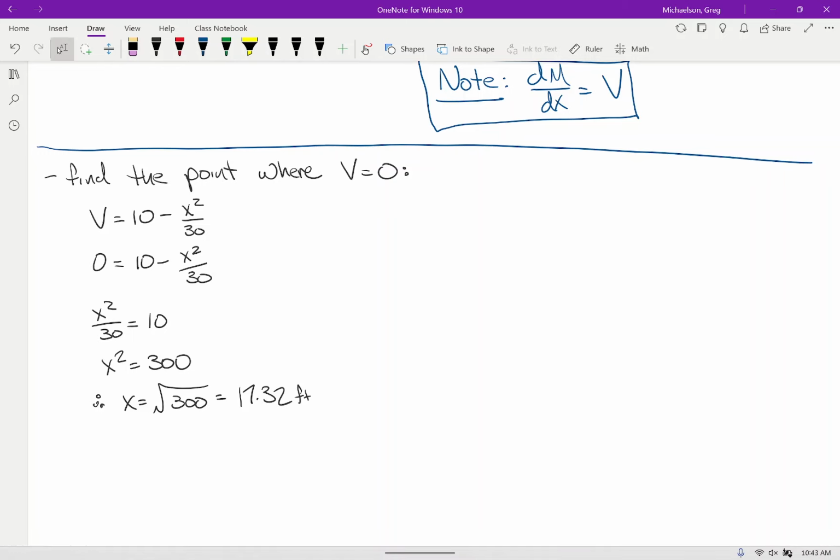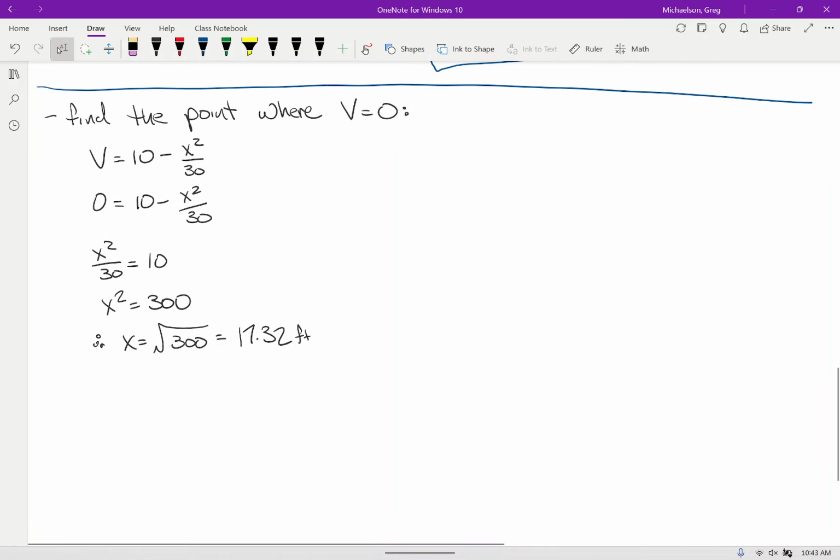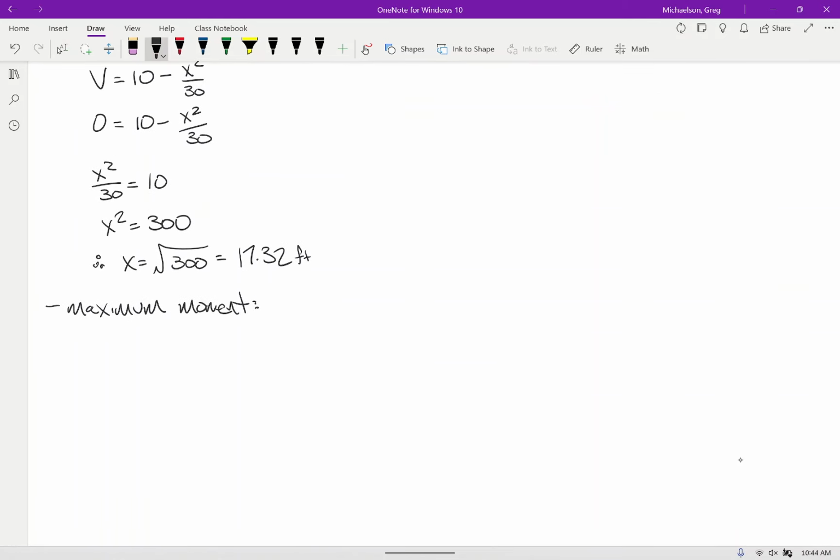So how do I find the maximum moment? How do I do that? Plug that into the moment. Plug that in to this. And so if you want, you could say square root of 300 if you want to keep it hyper accurate.